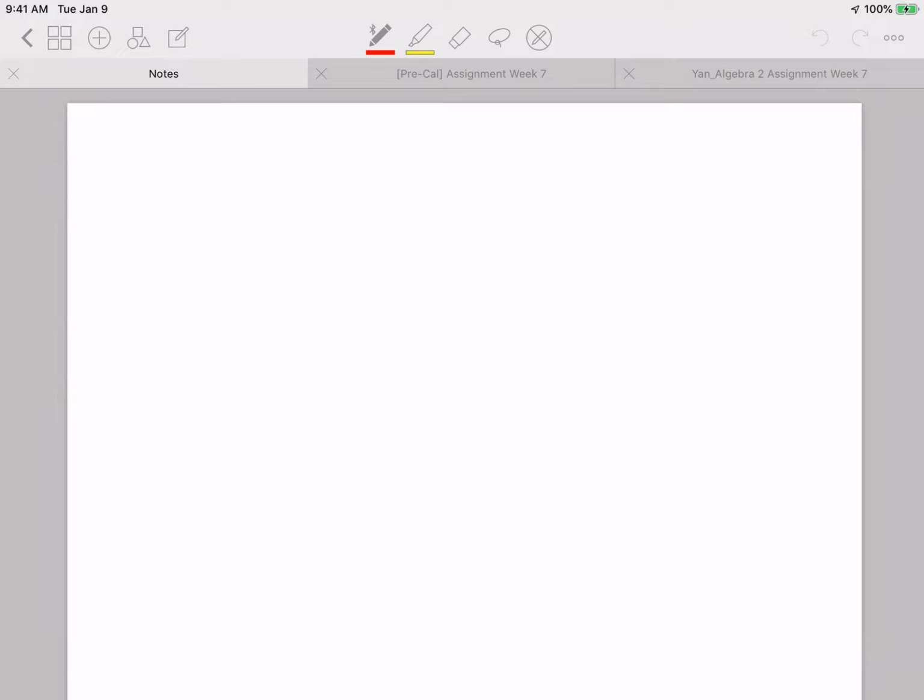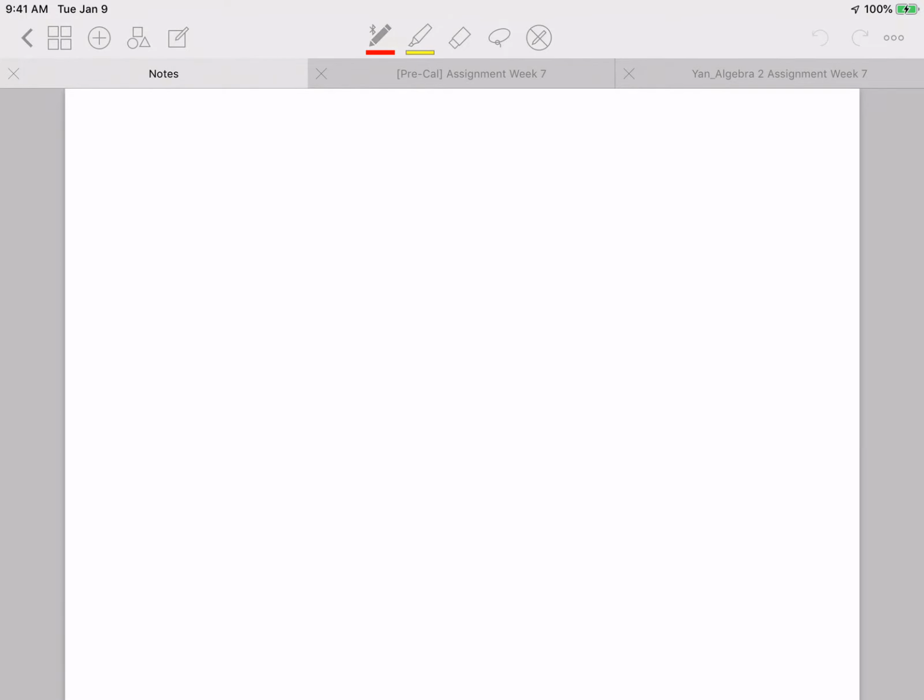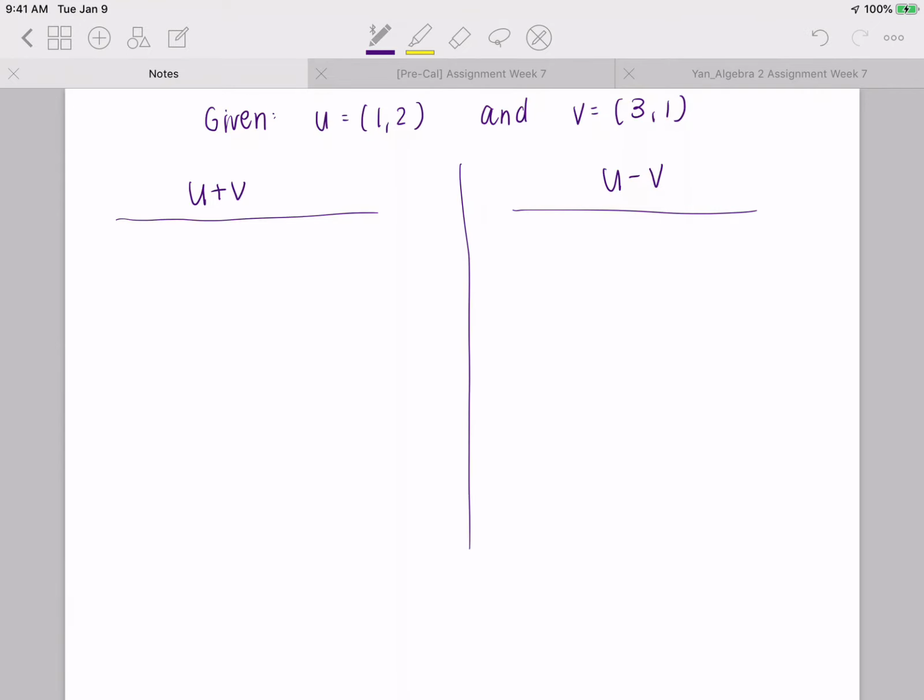So let's do some examples. Given u equals 1 comma 2 and v equals 3 comma 1. What would be u plus v and what would be u minus v? Let's do the computation way and then we'll draw it out as well.